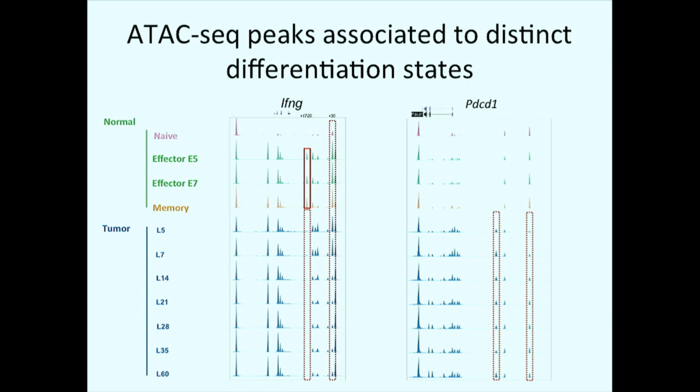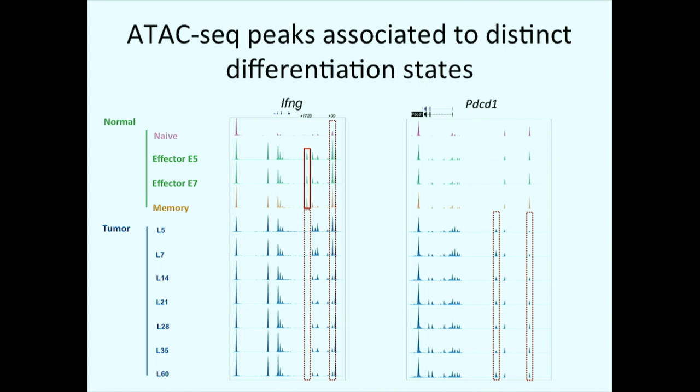All right. Just to show you that this data is very beautiful, you can really see with great granularity potential regulatory elements. I'm showing you two loci, the locus encoding interferon gamma and the one encoding PD-1, which is the target of 23 anti-PD-1 drugs.